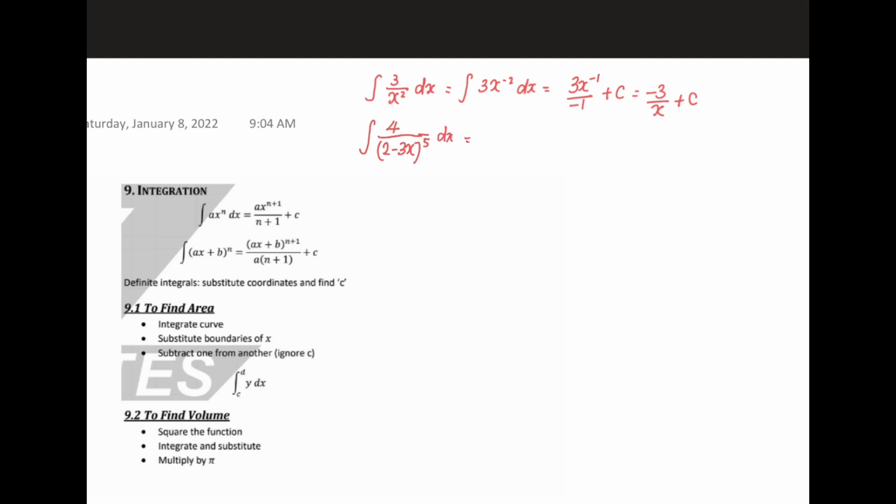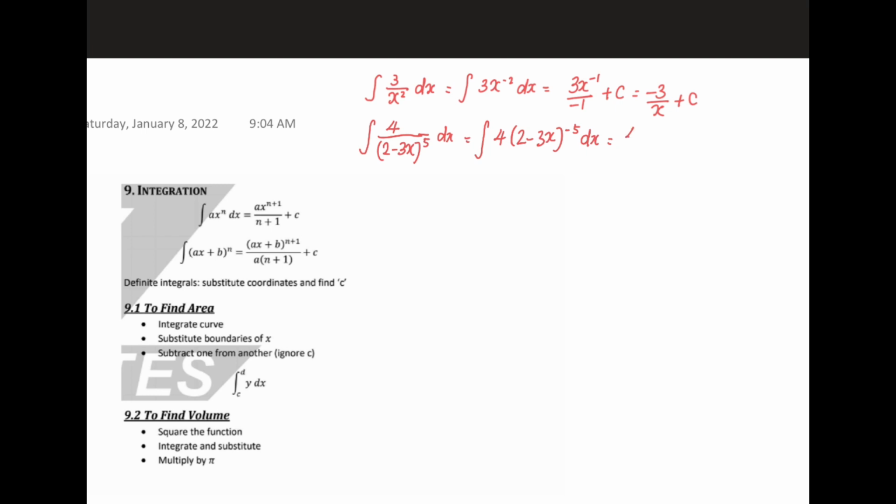Again, if you realize that the linear form that takes power stays at the denominator, that means this is not suitable to do integration yet. So we have to bring it up. 4 times 2 minus 3x to the power of negative 5. And after that, we can start using the formula.